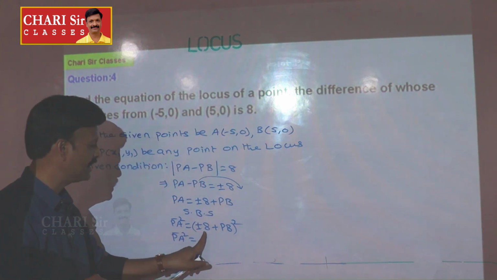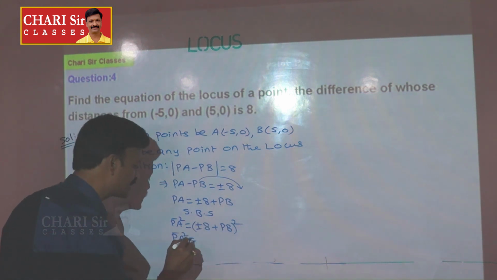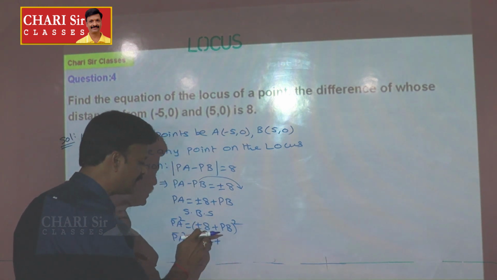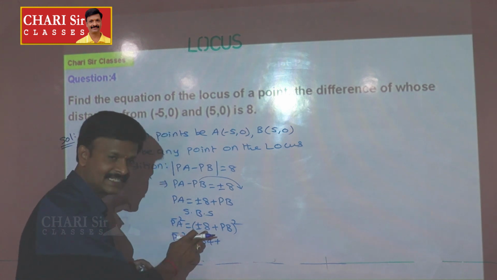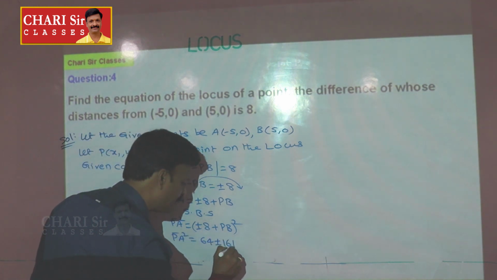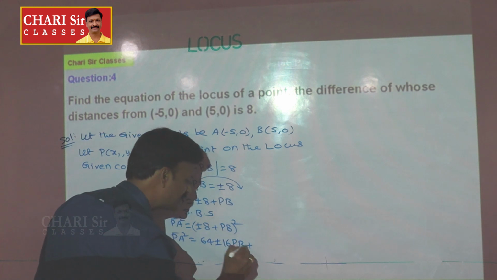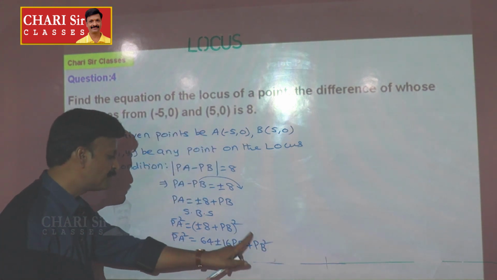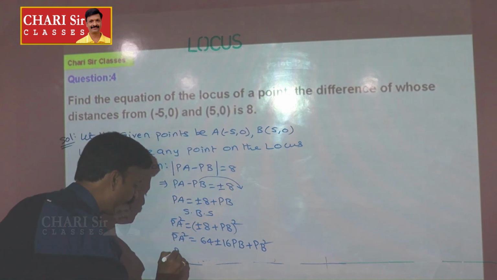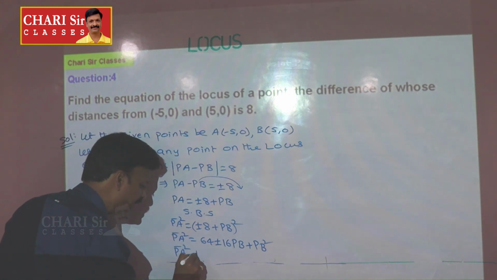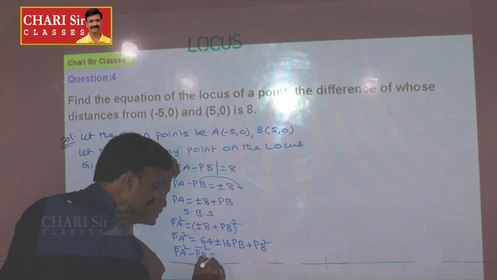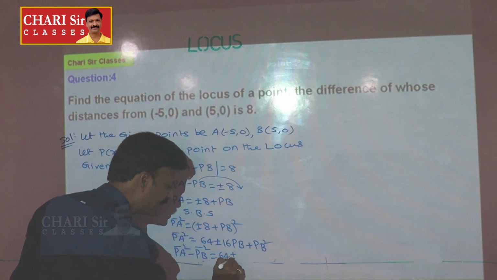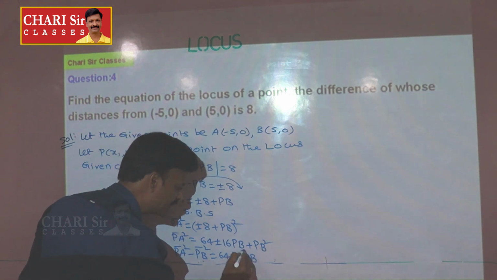Now here plus or minus 8 plus PB whole square, we expand: plus or minus 8 whole square is 64, plus 2AB, that is plus or minus 2 into 8, 16, plus or minus 16 PB, plus PB square. Now get this PB square to the left hand side, that is PA square minus PB square is equal to 64 plus or minus 16 PB as it is, right?